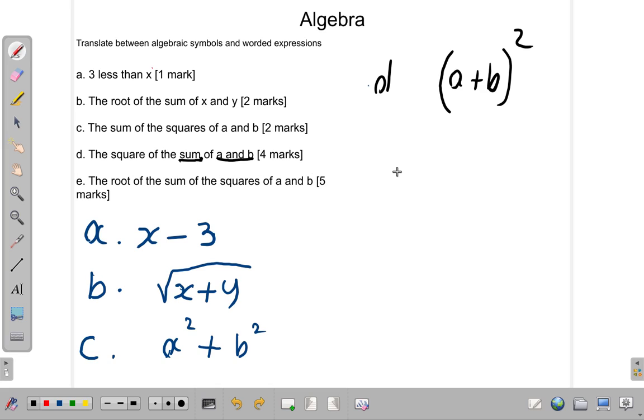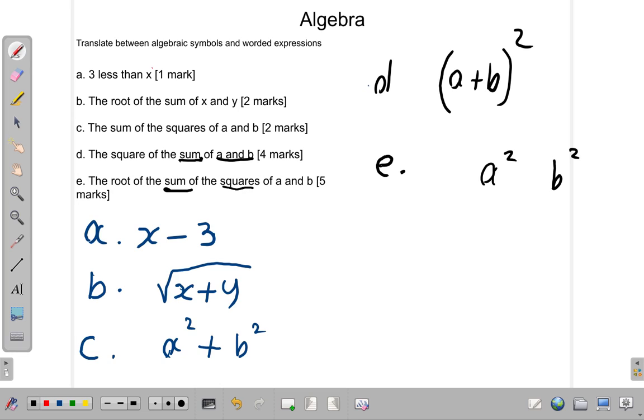Now let us look at part E of this problem. The root of the sum of the squares of A and B. Alright, the square of A and B. You have A squared and you have B squared. The root of the sum of what?